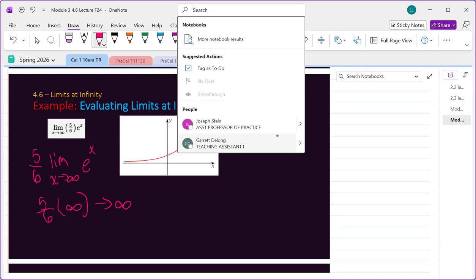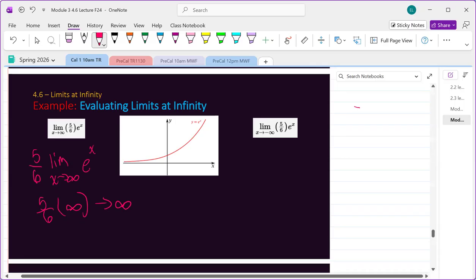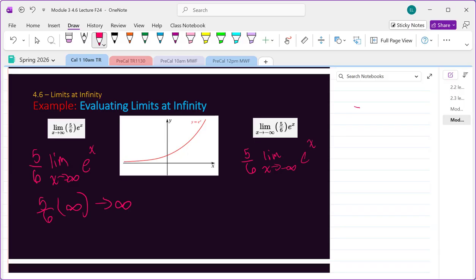Over here, same thing. I can pull my 5/6 outside of the limit. Now, when I plug in a negative exponent, e to a negative power becomes a fraction.